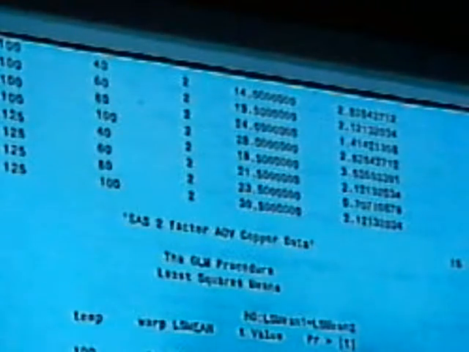So then we're finishing up the GLM procedure with the t-test. Here's a t-test for comparing temperature 100 against temperature 125. There's the means, here's the t-value, and there's the p-value of the test. So accept H naught of equality there.